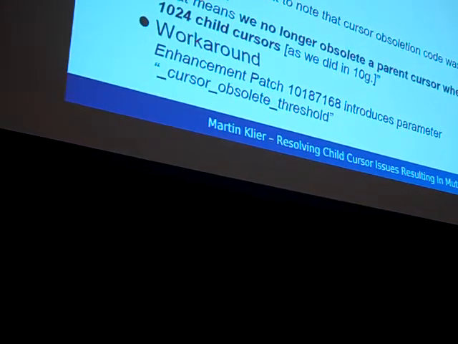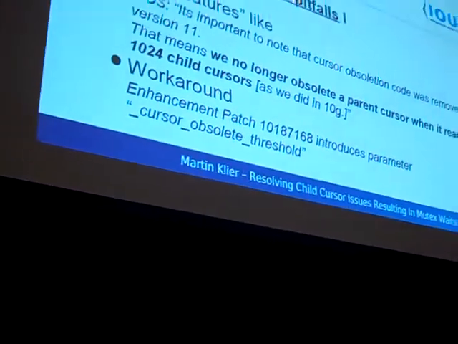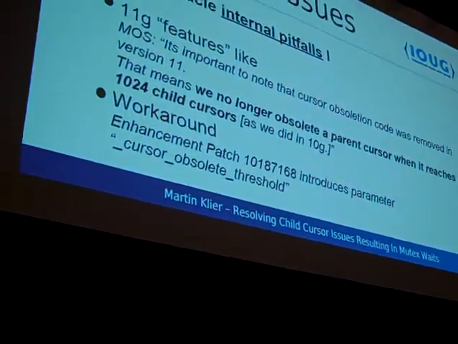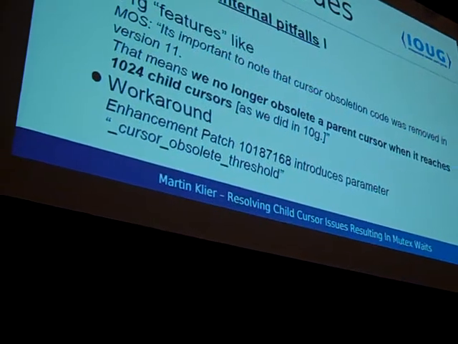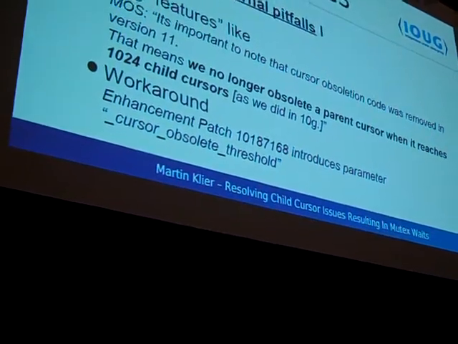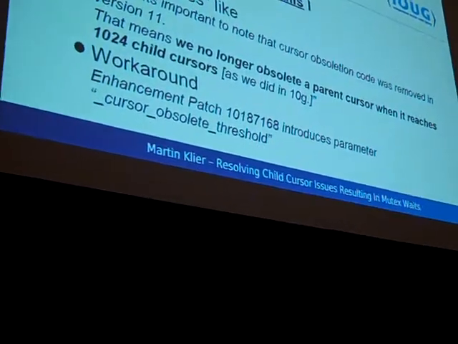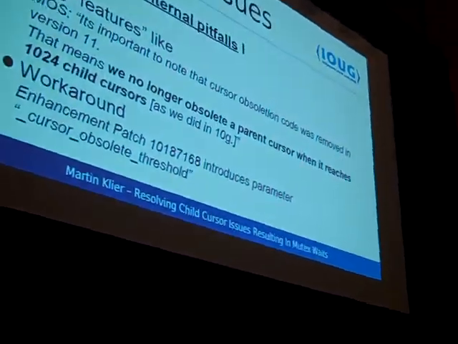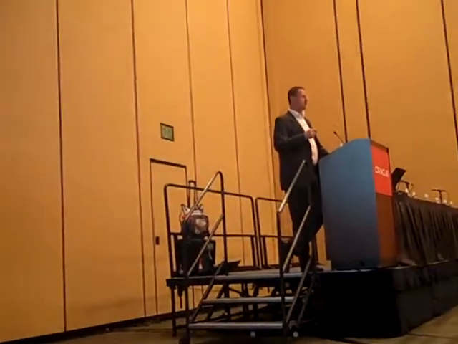So in 10G, it wasn't possible to have more than 1024 child cursors for one parent. In 11G it was. And so the list in the library cache could grow and grow and grow. And if it grows, it's taking more time to select the right child cursor. And this was removed in 10G because they wanted to make their code quicker.